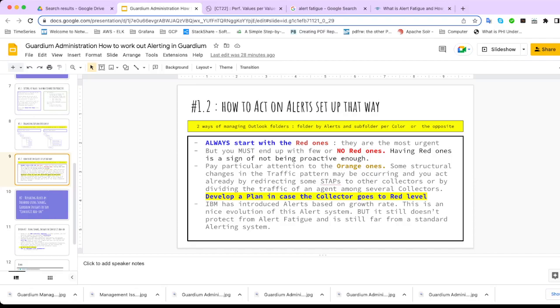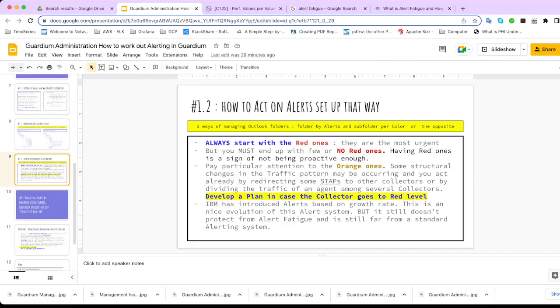And when it's in a more sustainable state, there is no reason for a red alert to trigger. So really, you start with the red ones, but the goal is to see the number of red ones diminish, right?